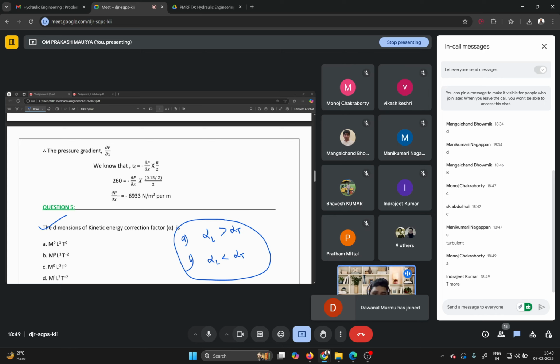Indrajit is also telling for turbulent will be more. I think this question was in the previous GATE, in 2023 or maybe 2024. I don't remember, but this question, whatever I am asking, was from GATE.